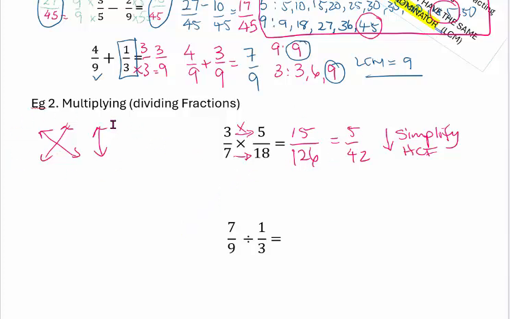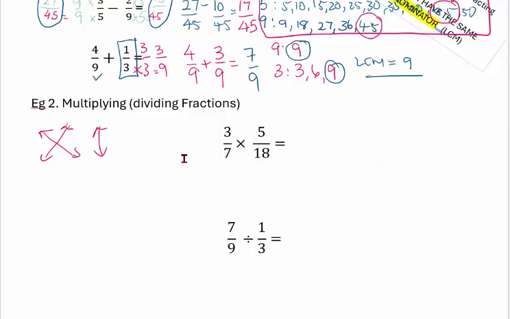I personally don't use this method. I use the cancelling out method first, and I will show you. I ask myself, can I cancel? So I follow my arrows. Can I cancel this way? Is there a number that goes into 3 and 18? There sure is. 3 goes into 3 once, 3 goes into 18 6 times. Then I ask, can I cancel out this way? Is there a common factor between these two?